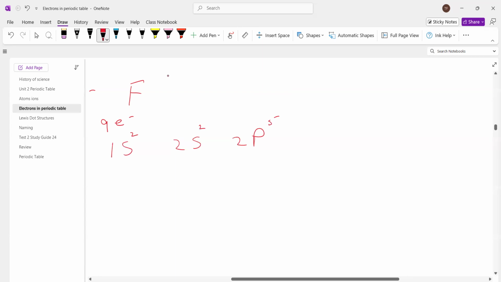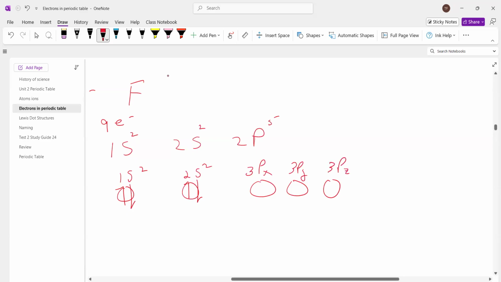So we've counted for all 9 electrons. Now, let's look at the orbital view of that. Five here. 3, 4, 5.